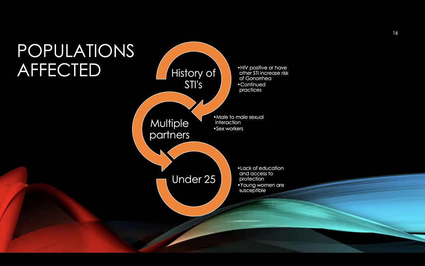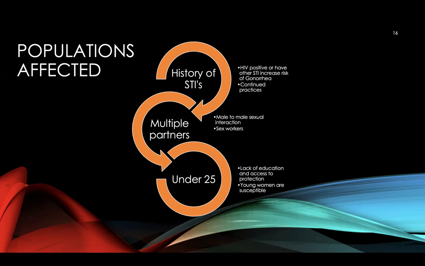Having multiple partners, there's certain populations that is more common and they are more affected. Male to male sexual interactions also have a higher risk. And then people who work as sex workers also are highly affected by these two bacteria.